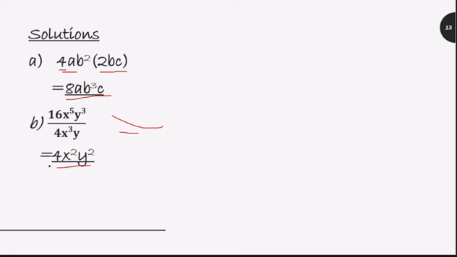And how many times does 4 go into 16? It goes in 4 times, therefore you have 4x squared y squared. So this should be your answer. Simple as drinking water, right?